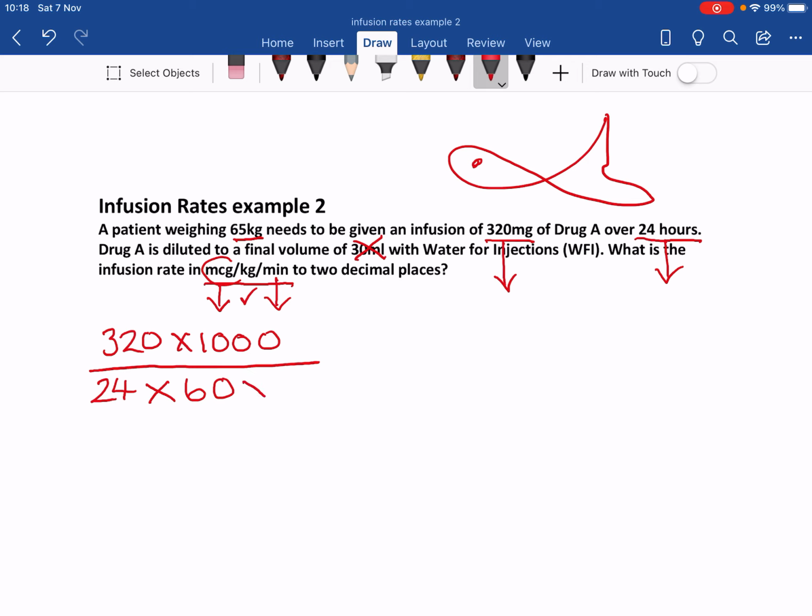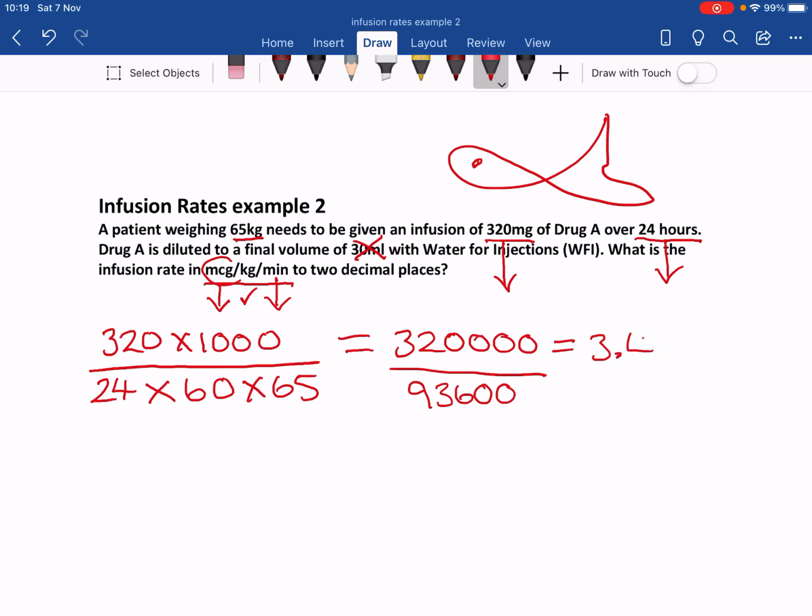We also need to divide this by the kilogram weight of the patient to get the amount per kilogram. So that gives us a figure of 320,000 divided by 93,600, which gives us a figure of 3.4188 micrograms per kilogram per minute.